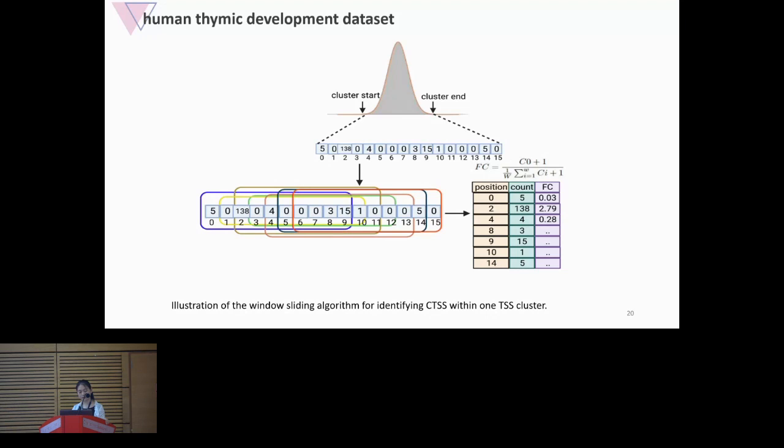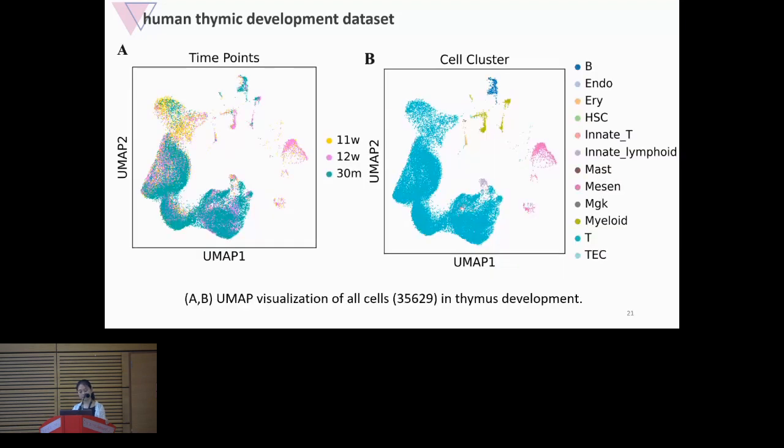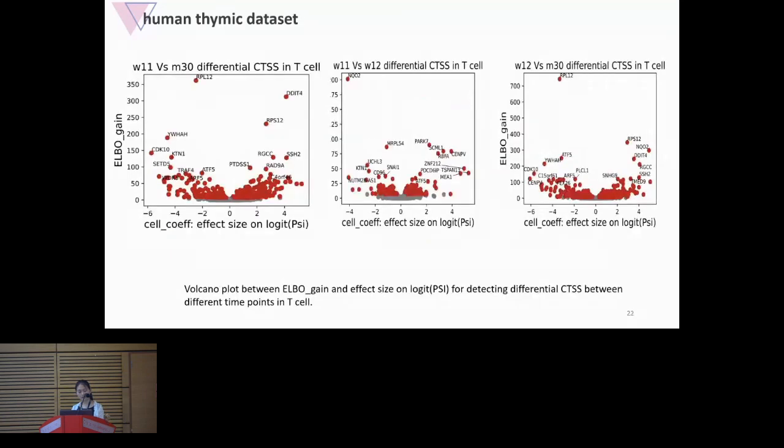Here we use a human thymic development dataset, which includes 3 time points, to check the altered CTSS during different time points. So here we also use a bridge to detect the differential CTSS at different time points in different cell types.